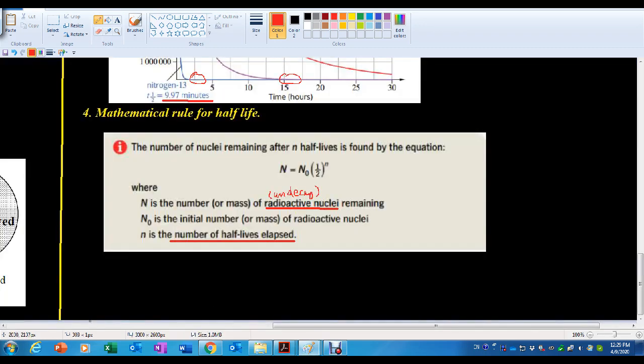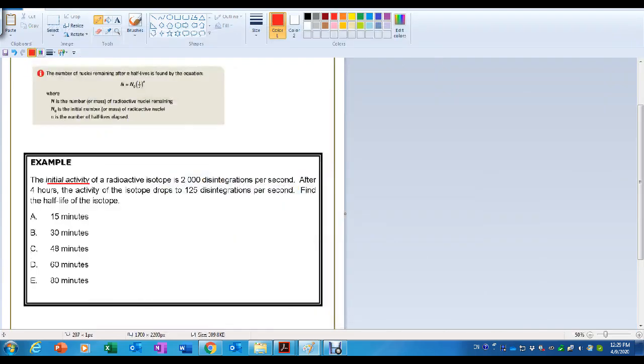If we use activity, you might just change the symbols a little bit. So instead of using N, you might use A, so that A means activity. And of course, A naught means initial activity. So they are essentially the same, but you use different symbols to start with.